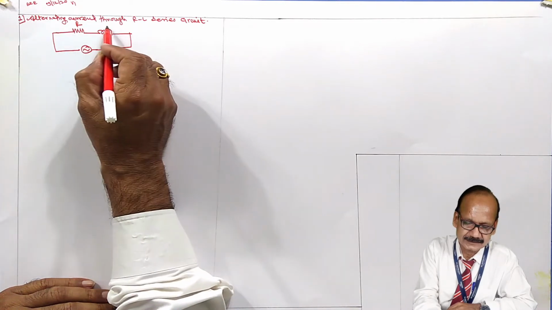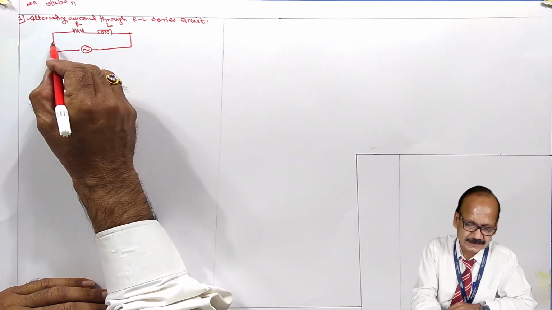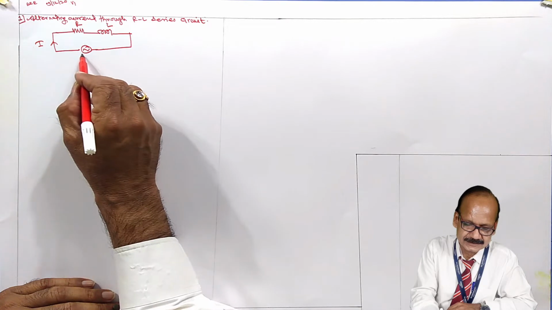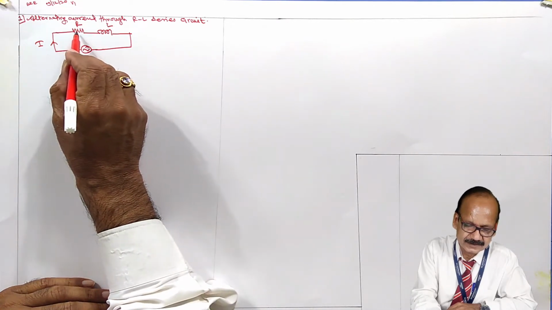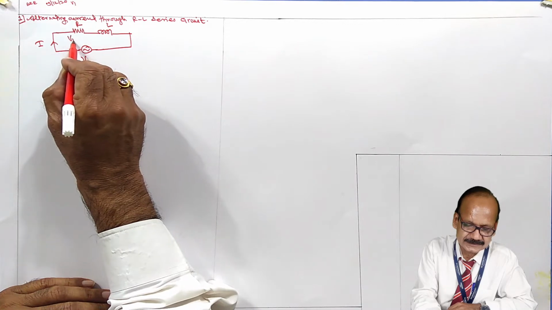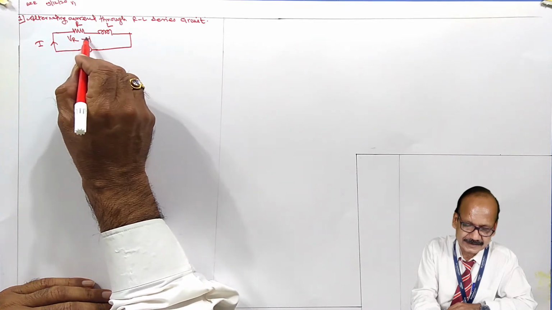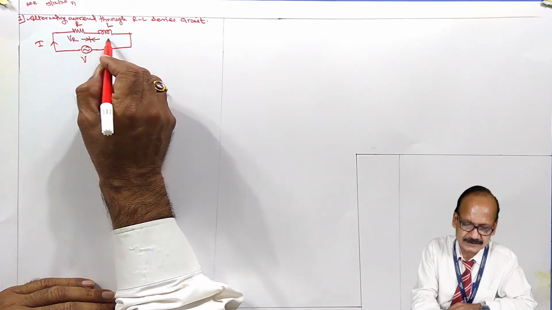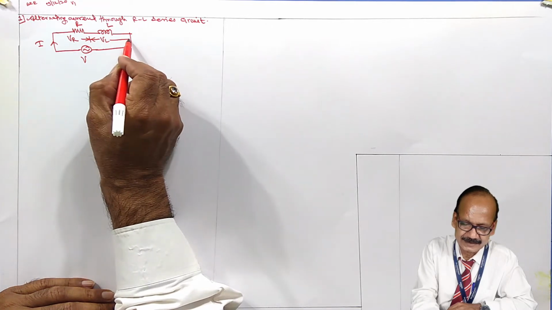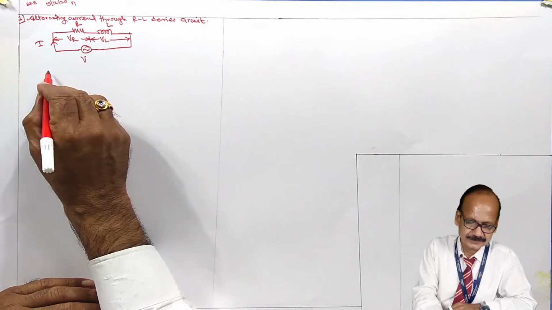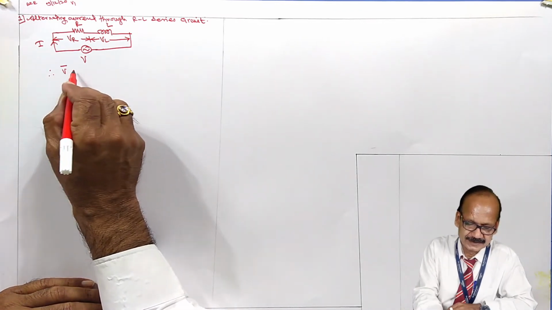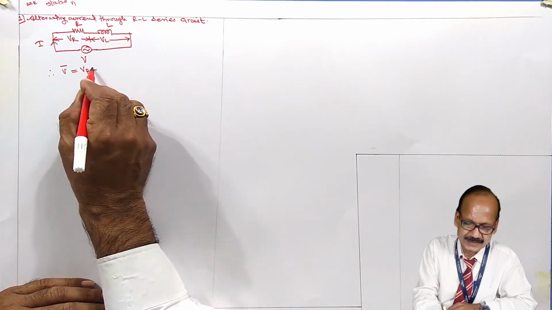This is R, this is L, current is I RMS, voltage is V RMS, then voltage drop across resistance is V_R, and voltage drop across inductance is V_L. Therefore, the supply voltage V equals V_R plus V_L.